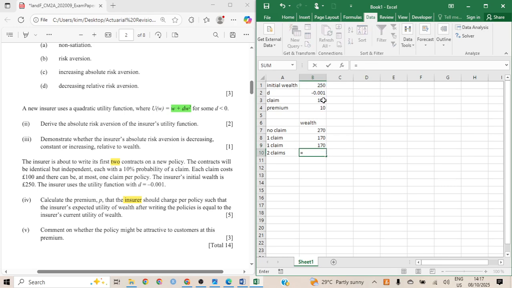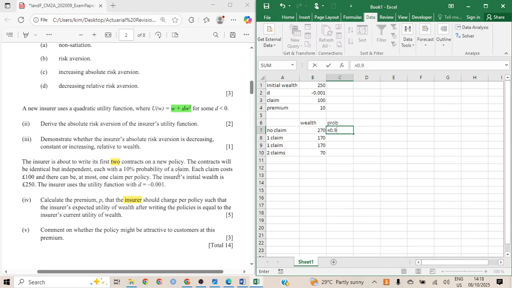In the fourth scenario, we have 2 claims, so it's 250, you collect both premiums, 2 multiplied by premium, less 2 claims, so that's 2 multiplied by 100, correct? And then here we'll calculate the probability. We have been given a 10% probability of claim, so the probability that there is no claim is 1 minus the probability of claim. So it is 0.9.